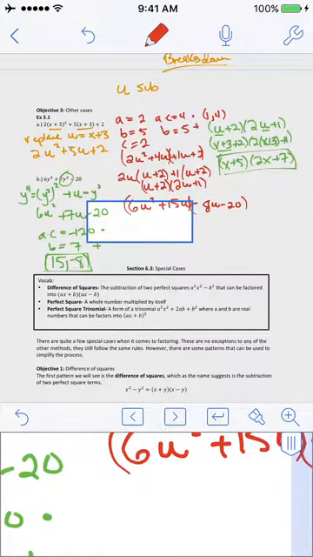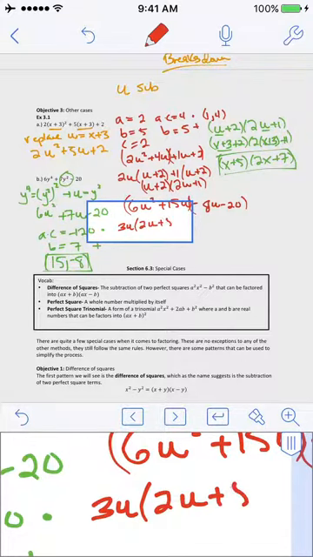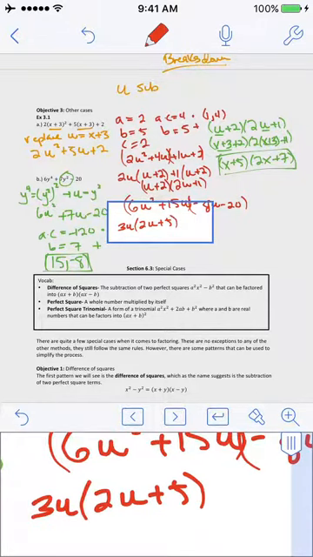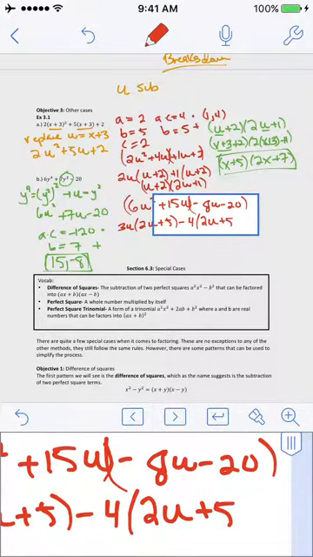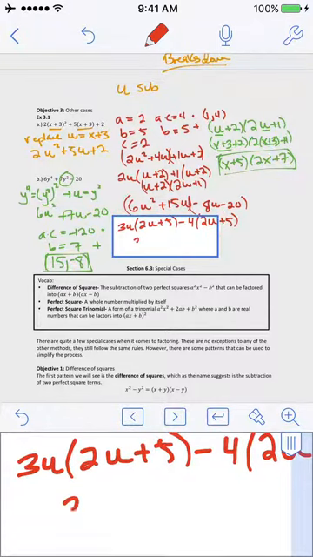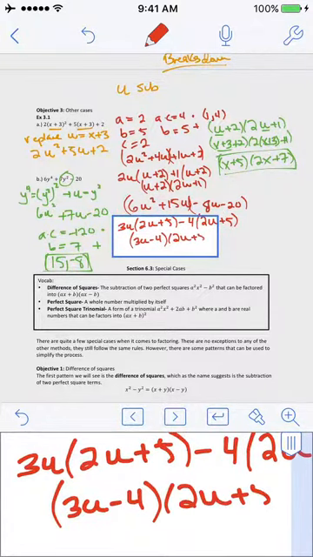I've got, let's see, there's a 3 in common and a u, so 2u plus 5. And then over here, we've got a negative and what, a 4 in common? 2u plus 5. Oh, good, those match, that works out. So I end up with 3u minus 4, 2u plus 5.